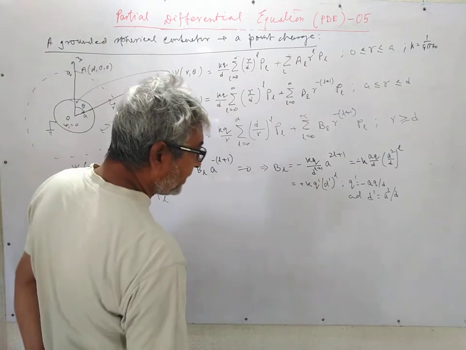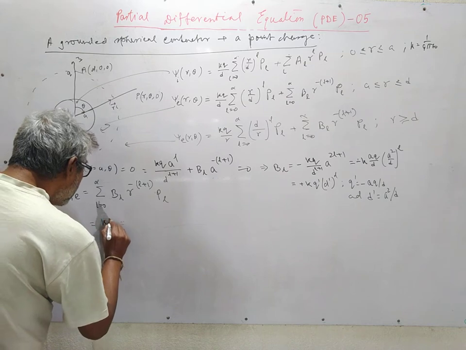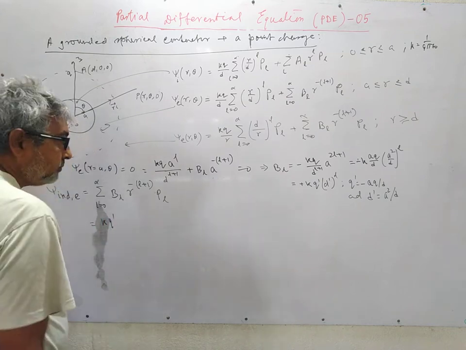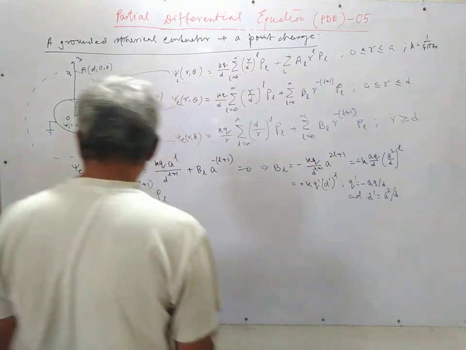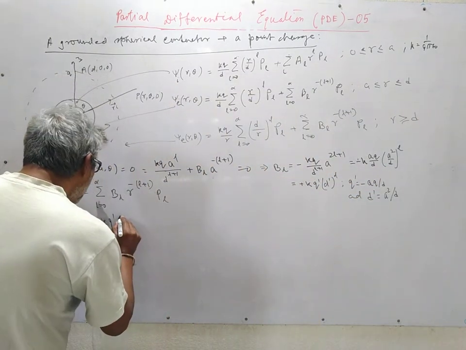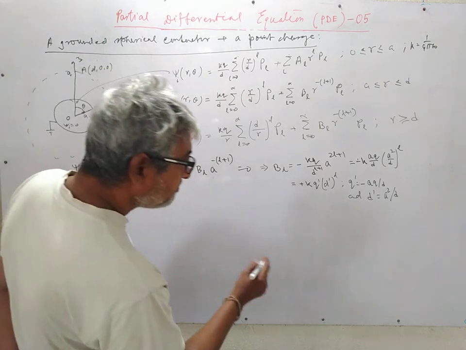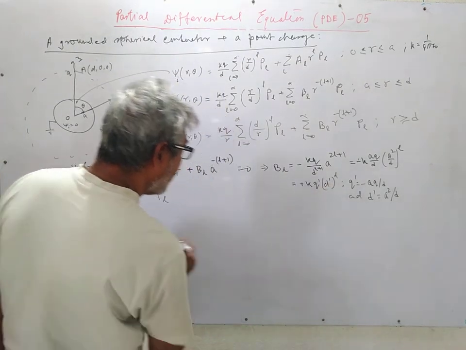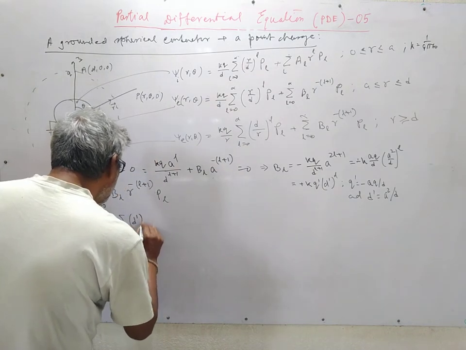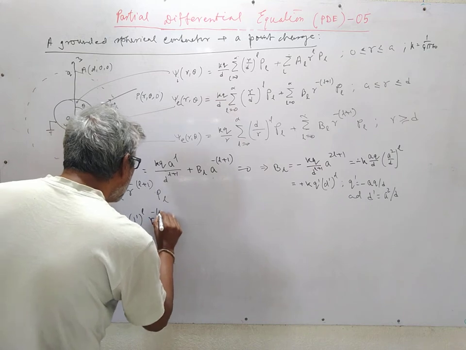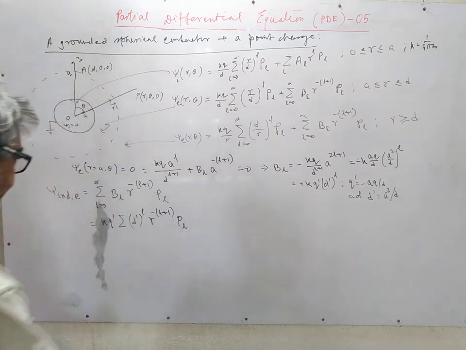We write for BL KQ prime d prime to the power L, r to the power minus (L plus 1) PL of cos theta.